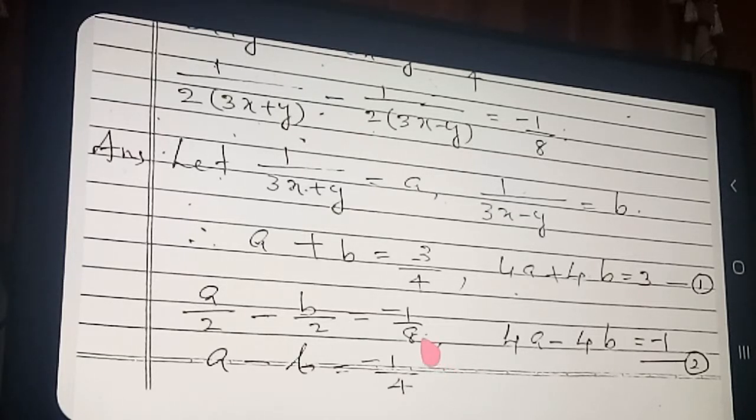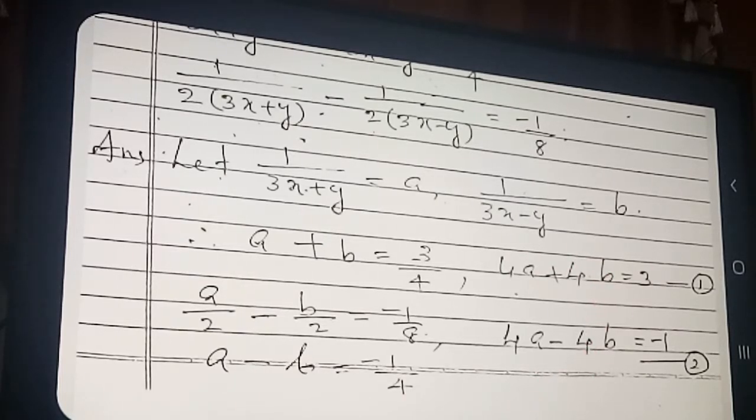Here 2 cancelled, here 2 cancelled. Therefore what we will get? A minus B is equal to minus 1 by 4. Okay. So cross multiplying, 4A minus 4B is equal to minus 1. So equation number 2. First and second equation got now? Clear? First and second equation you got in terms of the variables A and B.